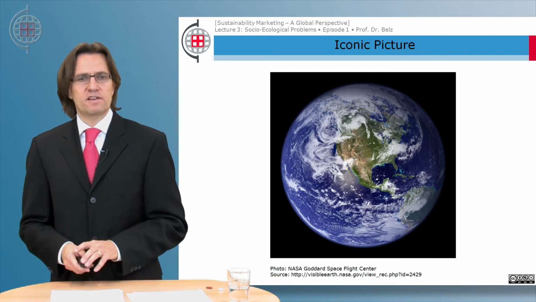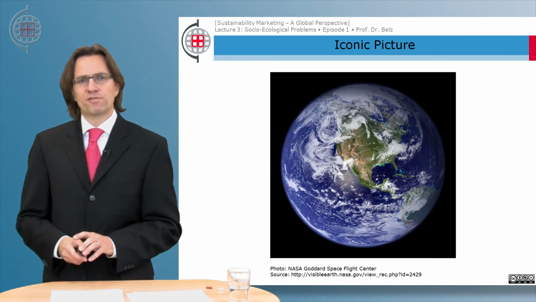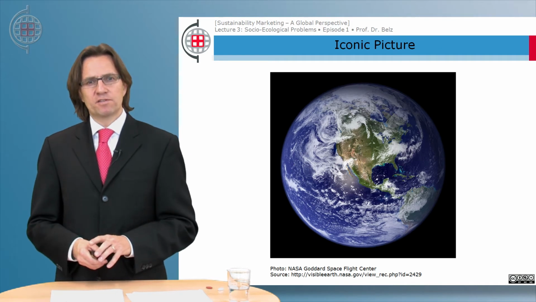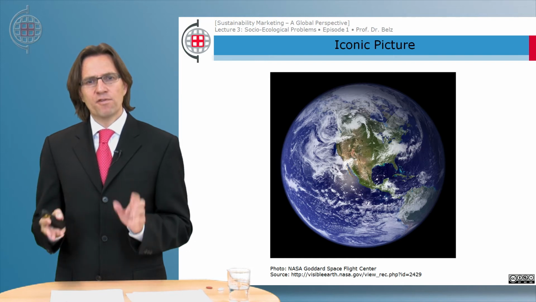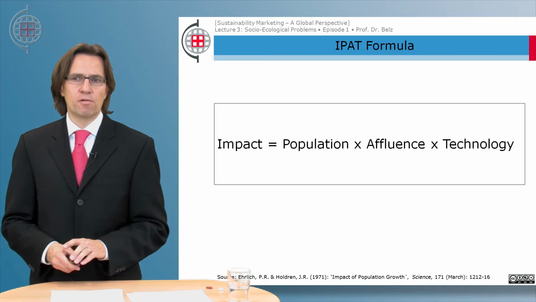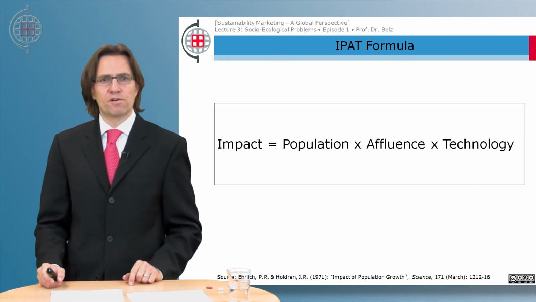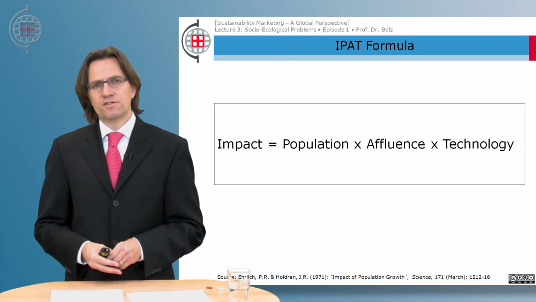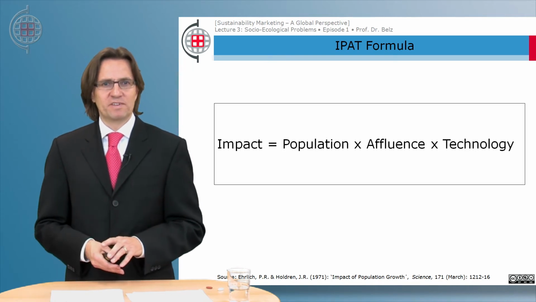In the 1970s, the Club of Rome released a report on the limits of growth. And a formula, the so-called IPAT formula, shows the limits of growth. The IPAT formula hasn't got anything to do with the iPad from Apple.